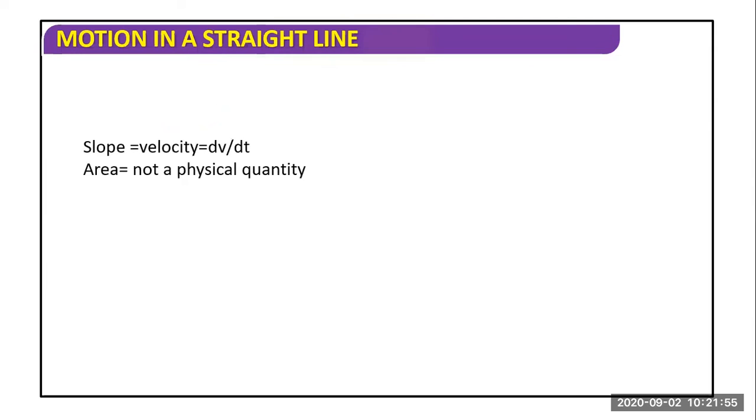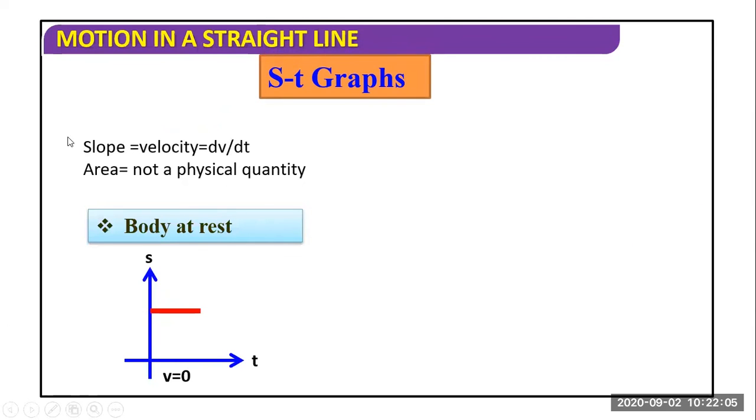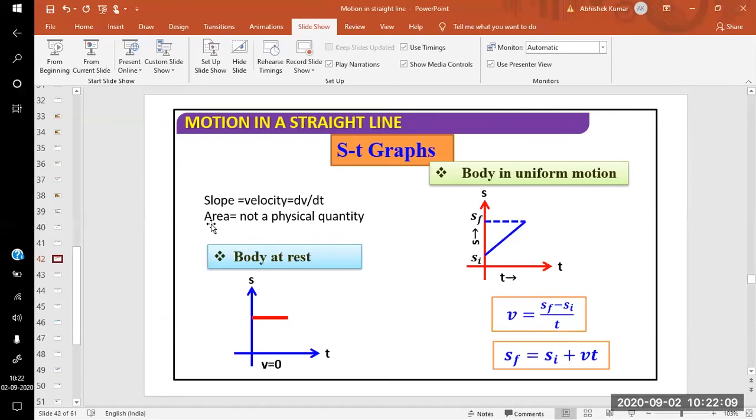Okay, so first we will see the ST graph. We will start with the ST graph. This is ds by dt.